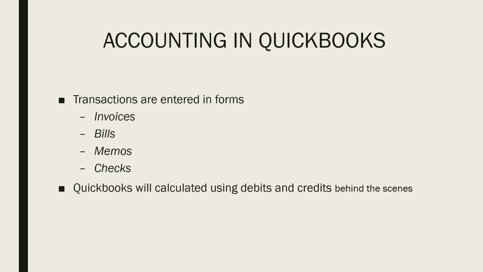Okay? But for most cases, if you don't know any of it, you don't need to, because you're just going to be entering in your transactions through one of these forms. Yes. Forms. I'm going to talk about that in a couple minutes.